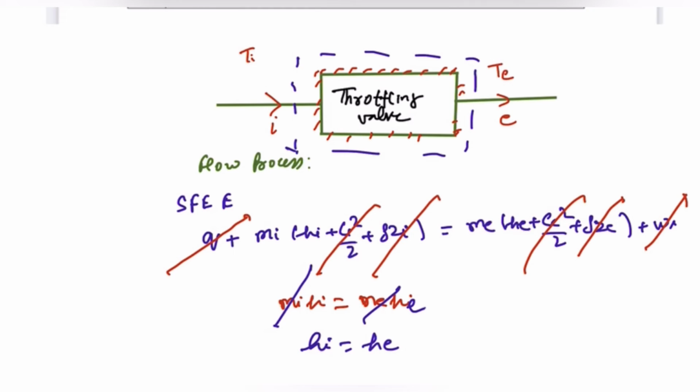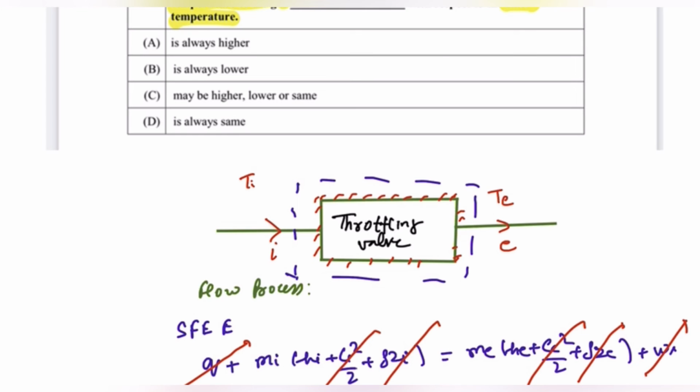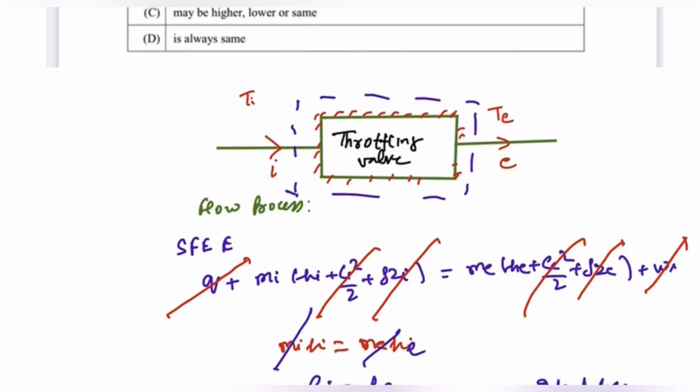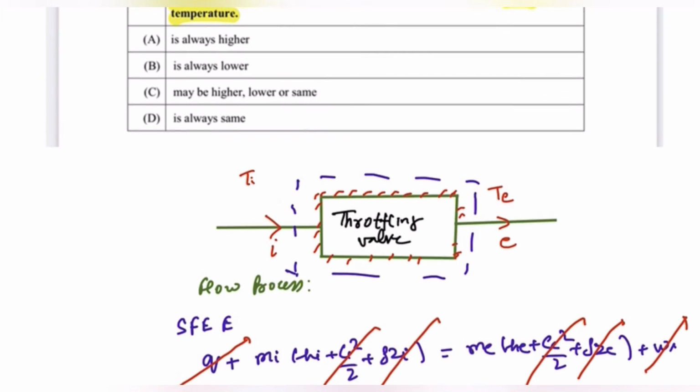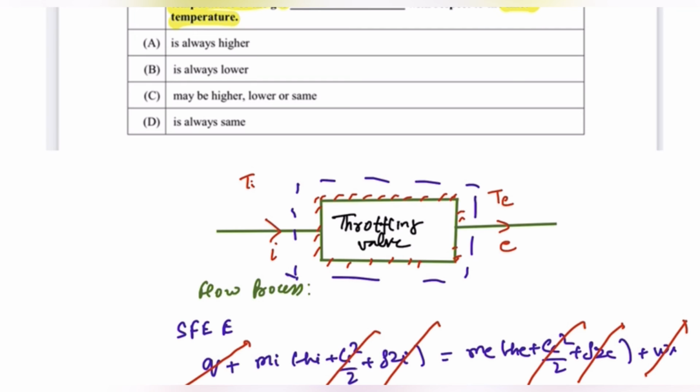Now if this is an ideal gas, then Ti is equal to Te, because the enthalpy of an ideal gas is a function of temperature only. Now if this is not an ideal gas, if this is a real gas, then the temperature at the exit may be higher or lower or can remain the same.